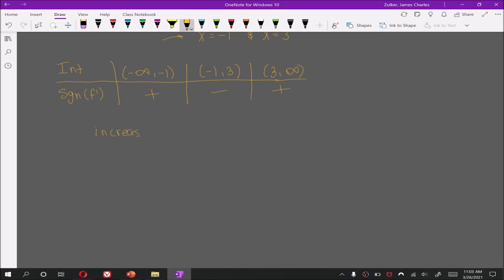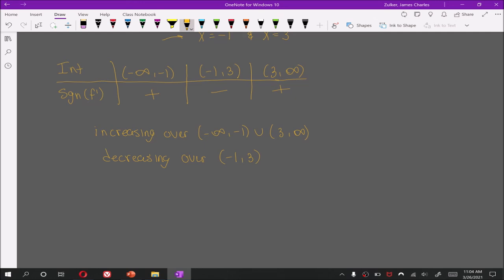So we are increasing over negative infinity to negative 1, unioned with 3 to infinity. We are decreasing over negative 1 to 3.